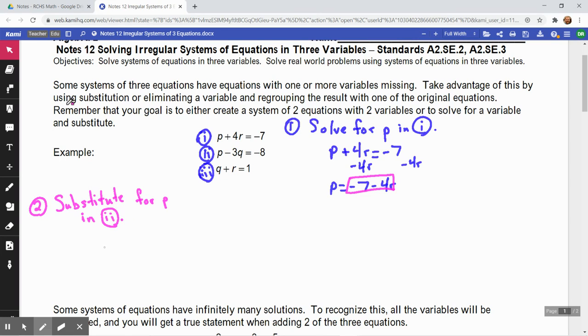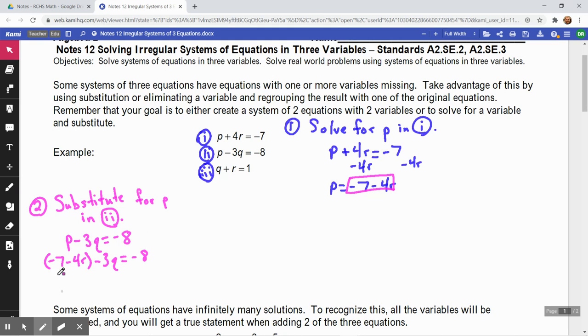Okay, so that original equation said P minus 3Q equals -8. If we replace P, I always use parentheses when I substitute. When I replace the variable P, we have negative 7 minus 4R from earlier. The equation still has a minus 3Q and an equals negative 8.